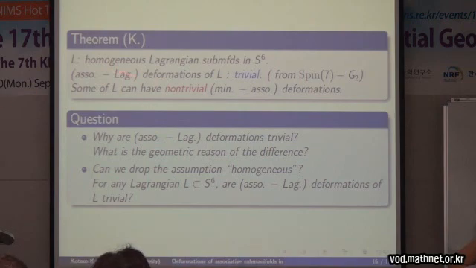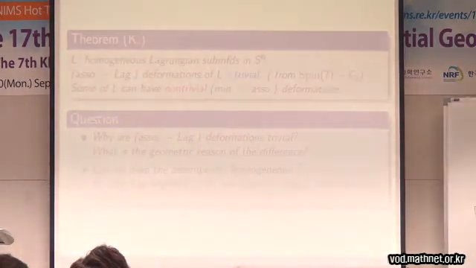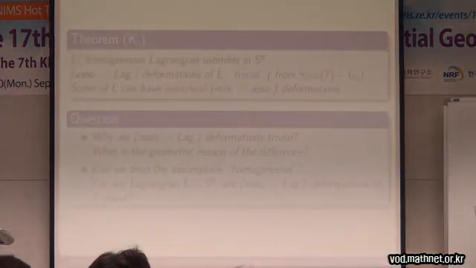But some L can have non-trivial minimal and non-associative deformations. So this inclusion we write cross. We should study special Legendrian deformations here, but to study this part, we need the classification of homogeneous special Legendrian submanifolds. But I do not know such a result, so I don't know if this is cross or circle.